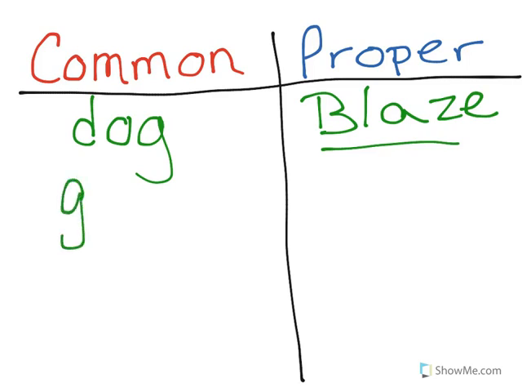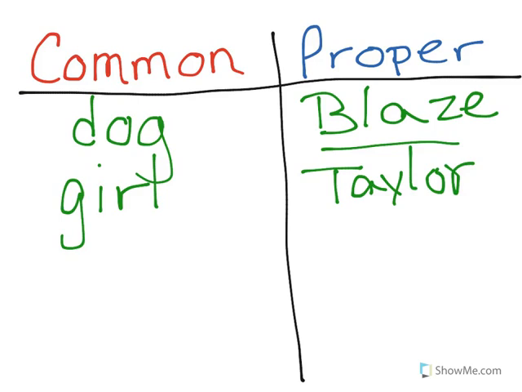Okay, girl is a common noun. That girl likes to go to dance class. I don't need to capitalize girl. It's not a specific person. But if I said Taylor likes to go to dance class, Taylor is a specific person.